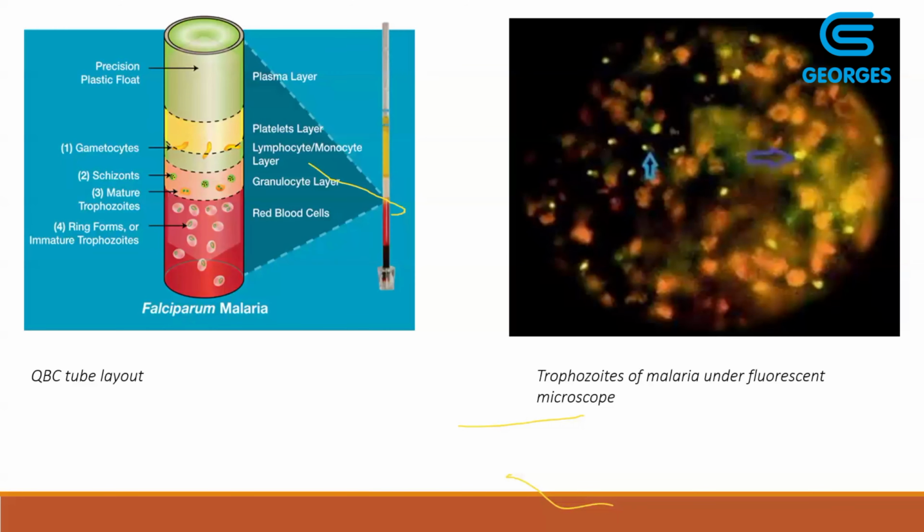So acridine orange stain has a disadvantage because if you find a patient has a lot of immature RBCs, the stain might end up staining them, or if we have a lot of platelets, the stain might stain them, and you might end up giving false positive results. So you need to be very careful. You need to know the morphology or the shape of a parasite to be able to correctly identify it.